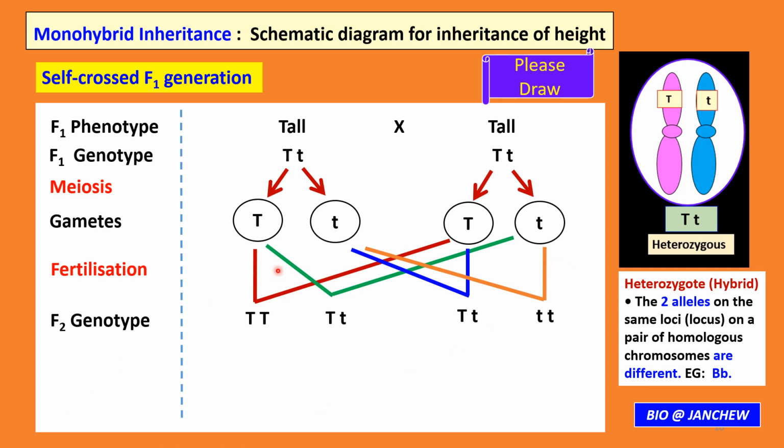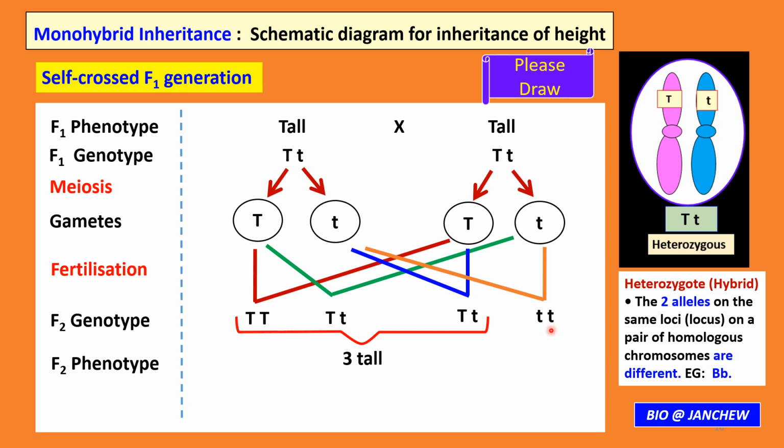From the genotype we get the phenotype. If you look at these three plants, they have the big T allele for tall stem, which is dominant. So all these three plants will be tall. So right here, three tall. Now the last organism here has two recessive alleles.